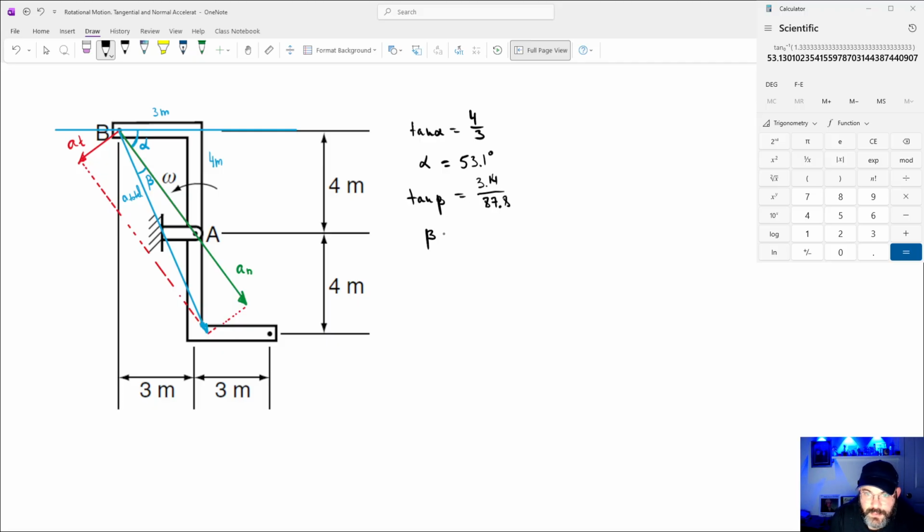Okay, so then our angle beta is equal to 3.14 divided by 87.8. Okay, and then let's take the tangent, 2.05, right? So 2.05.